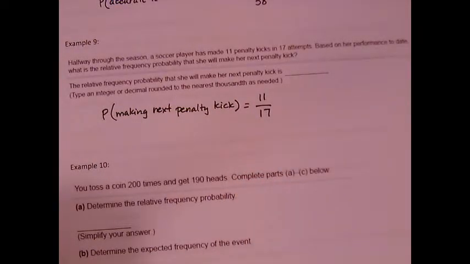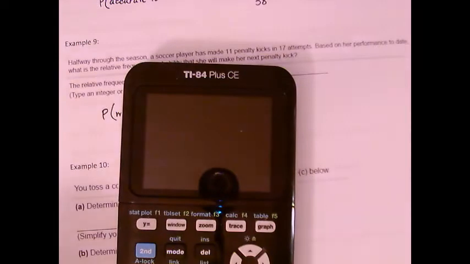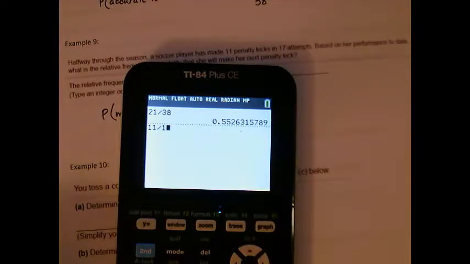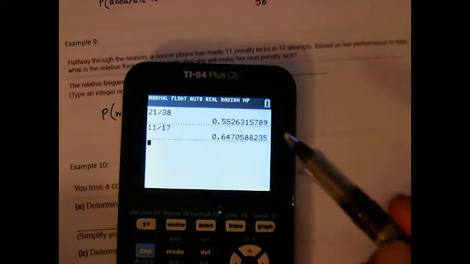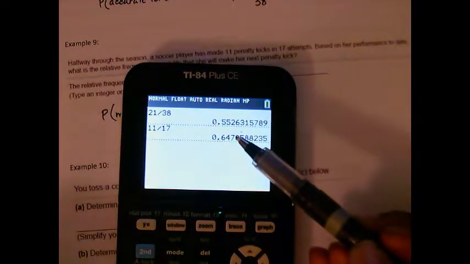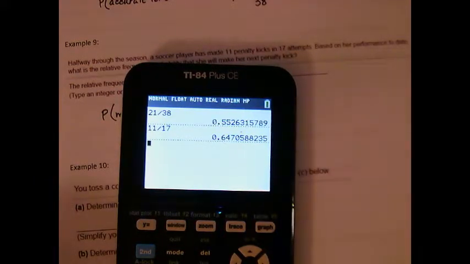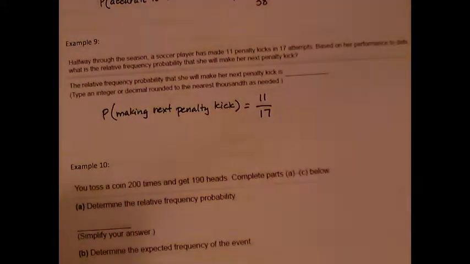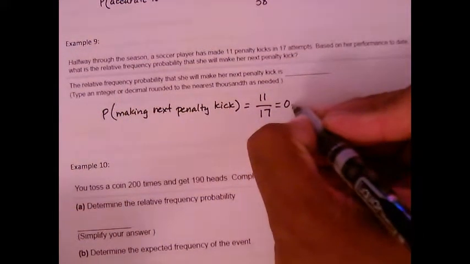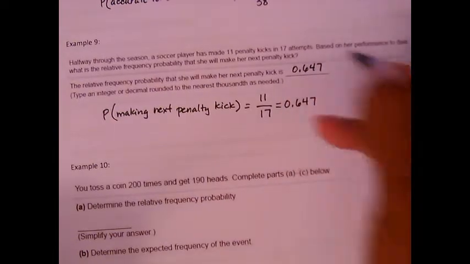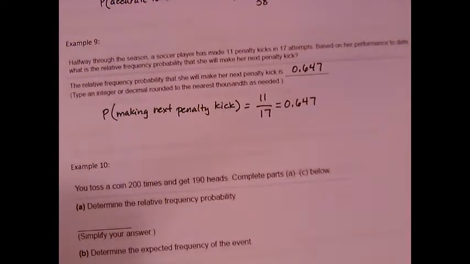So we do 11 divided by 17, and again we're going to round to the nearest thousandth. The 7 is the third number after the decimal point. To the right of it is a 0, that's less than 5. So that 7 remains the same. So it'll be 0.647. So the probability of making the next penalty kick will be 0.647.